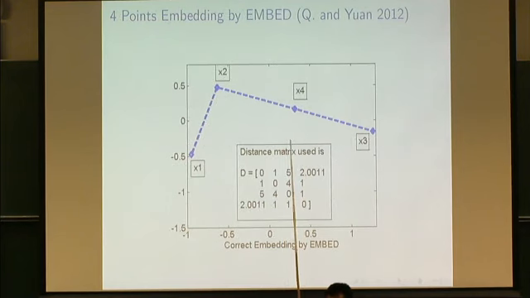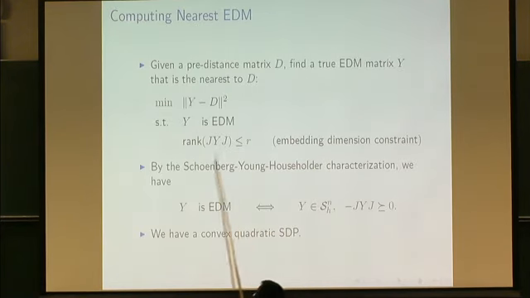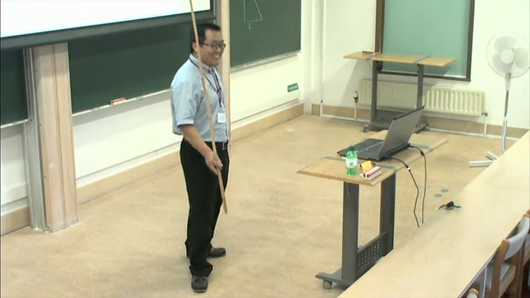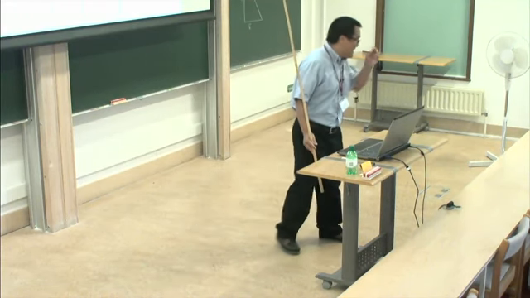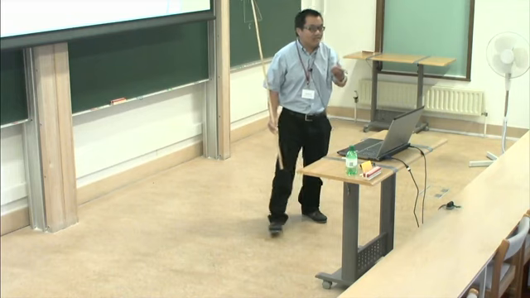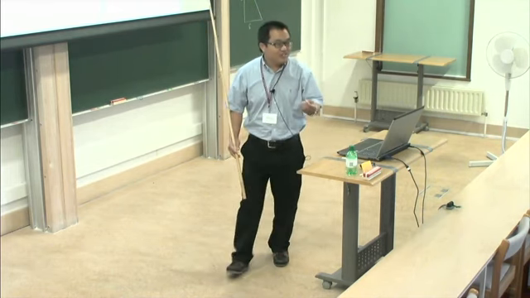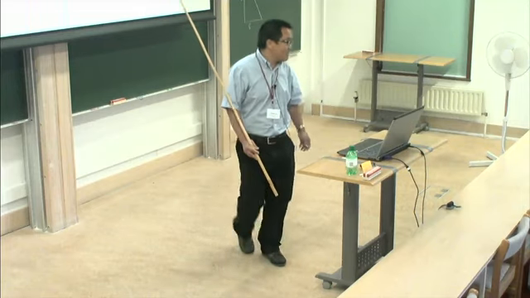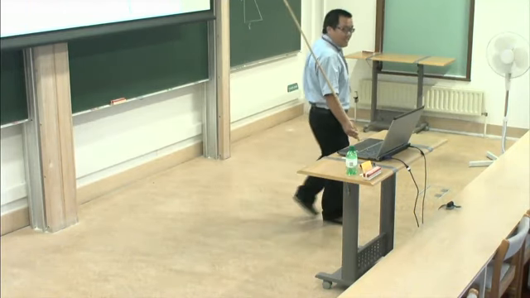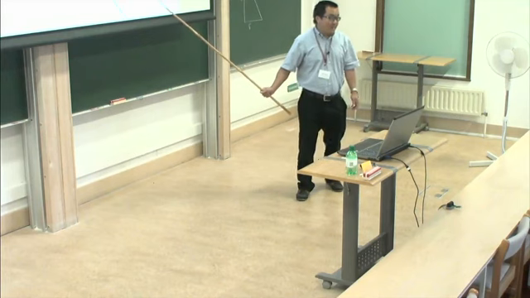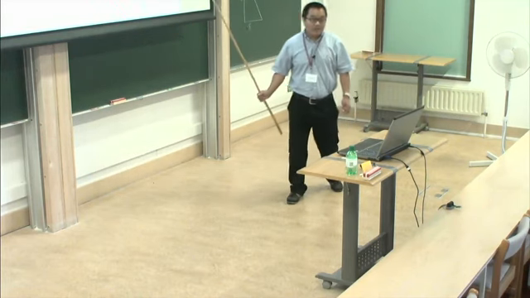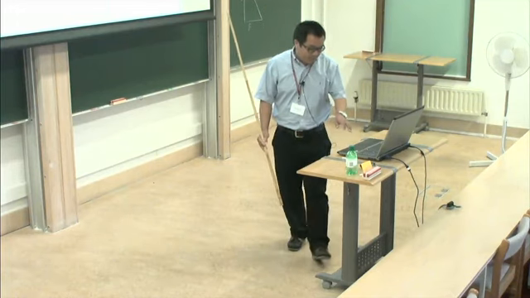But it's not convex. You are right. Actually, for SDP they just drop this constraint, and there are also some heuristics to induce the rank. They have tricks, and then you would have a convex quadratic semi-definite programming.